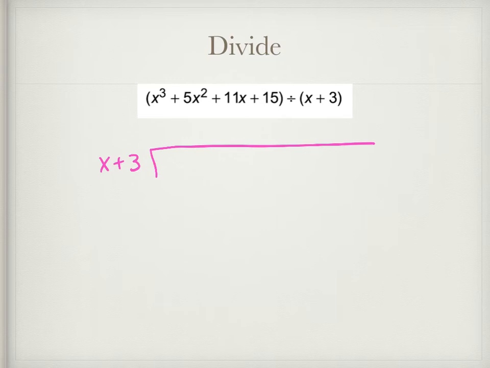We have an x squared, an x, and a number, so we have all of our terms here. So we don't have to include that 0x squared, because we already have an x squared. Everything's represented here: x cubed plus 5x squared plus 11x plus 15. You always want to make sure, if we start with 3, we have 2, 1, 0.